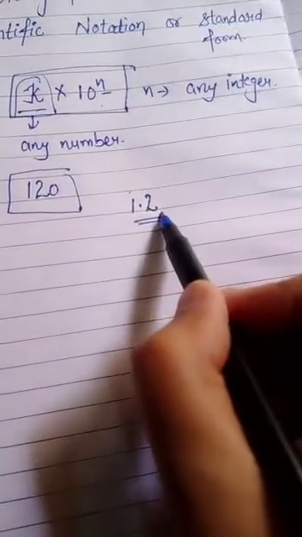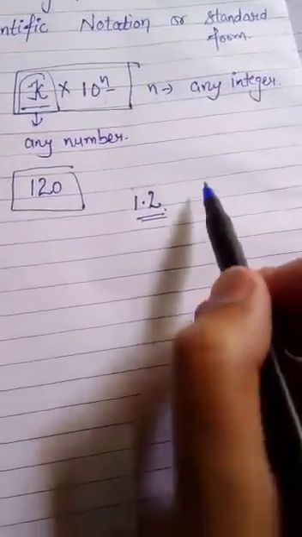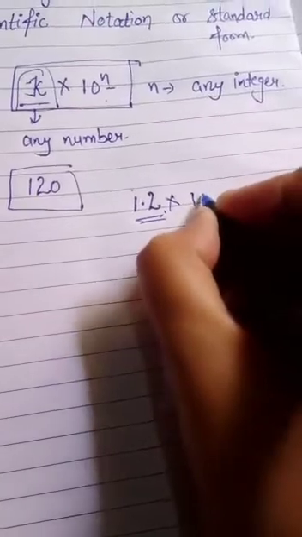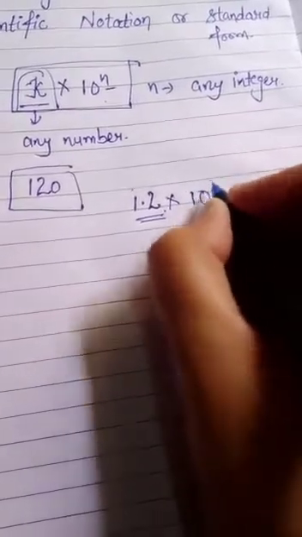This is the rational number, multiplied by the index, that is 10 raised to power n.